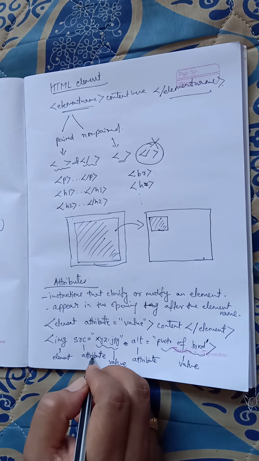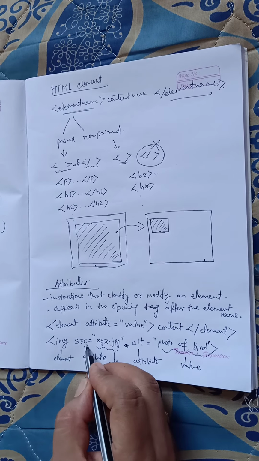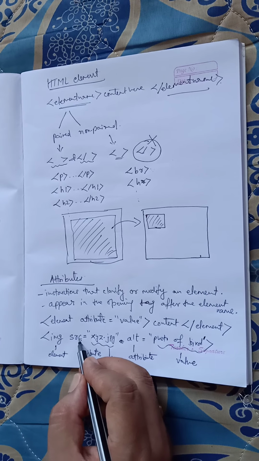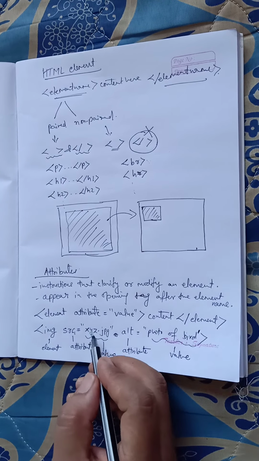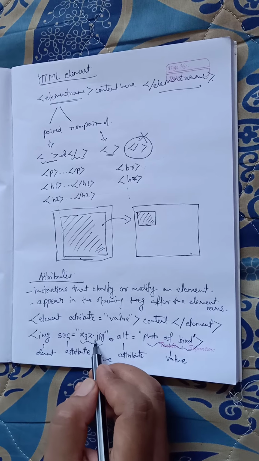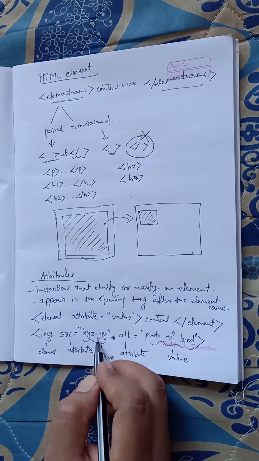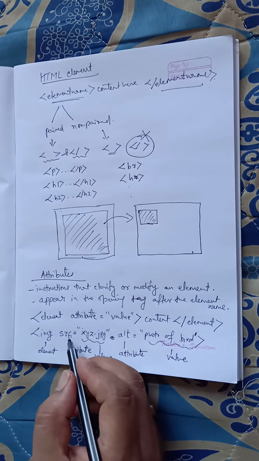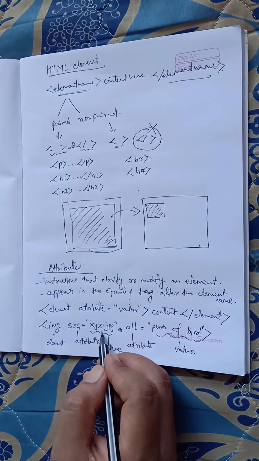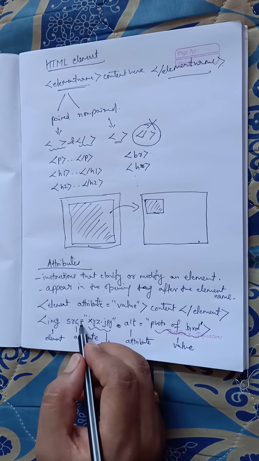Whenever we write an attribute, we write the attribute, then equal to, then within double quotes we write the attribute value. So attribute names and values are separated by an equal to sign.